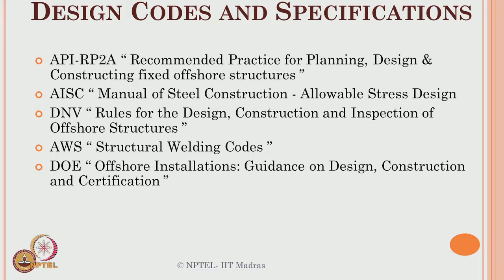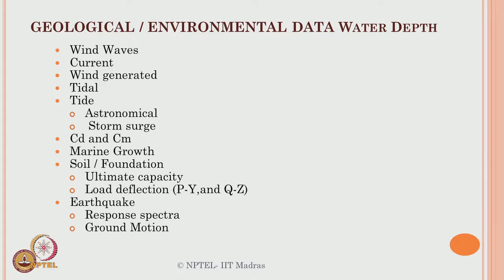Let us quickly see what environmental data related to water depth we must collect if we want to do an analysis for offshore structural systems: wind, waves, current, wind-generated waves, and tide. Tide will have both astronomical and storm surge parts. Of course, the drag and inertia coefficients given for the specific area, marine growth intensity, and soil and foundation categories in terms of ultimate capacity and load-deflection criteria for a given pile design.